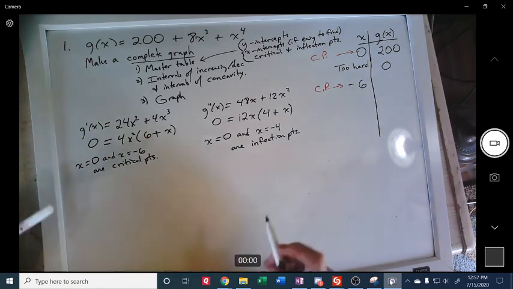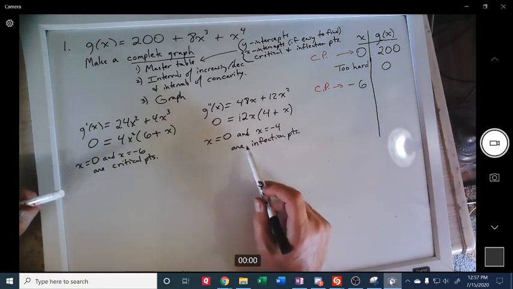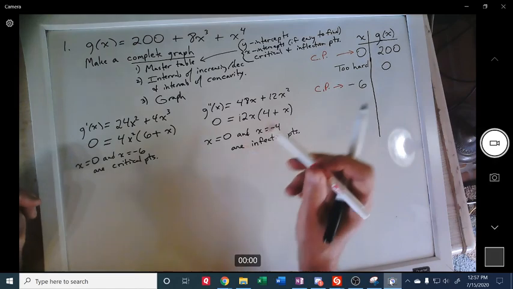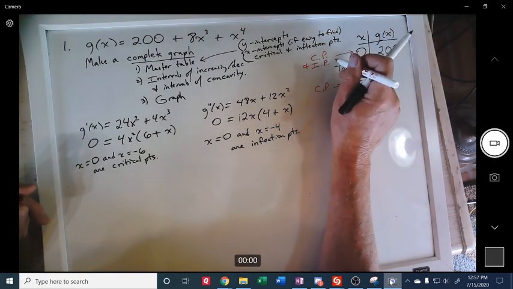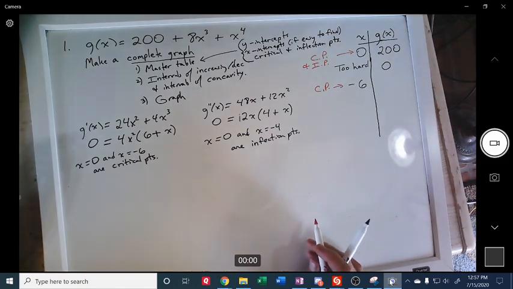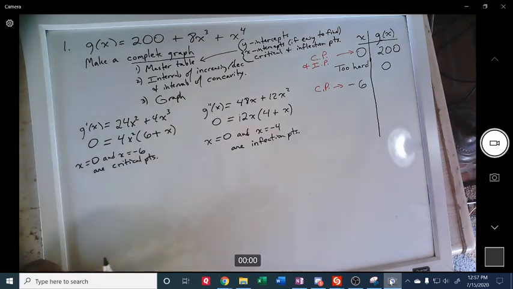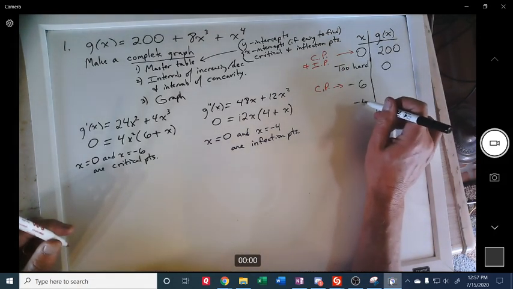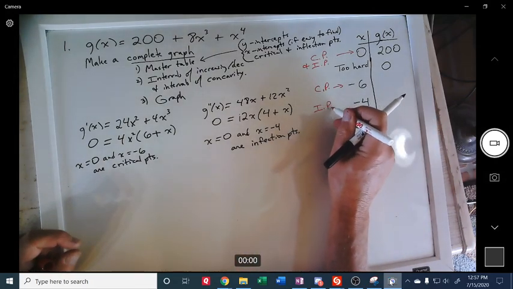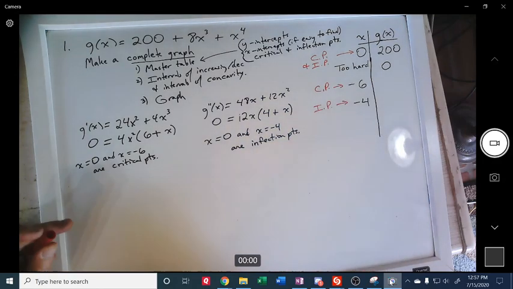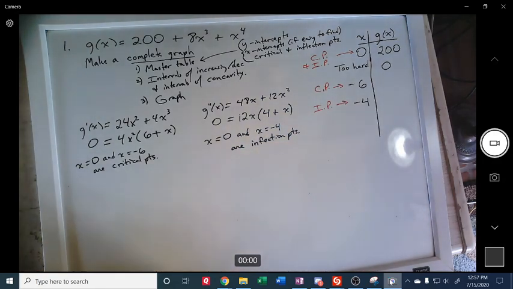And then x equals 0 is a critical point and inflection point. And x equals negative 4 is an inflection point.